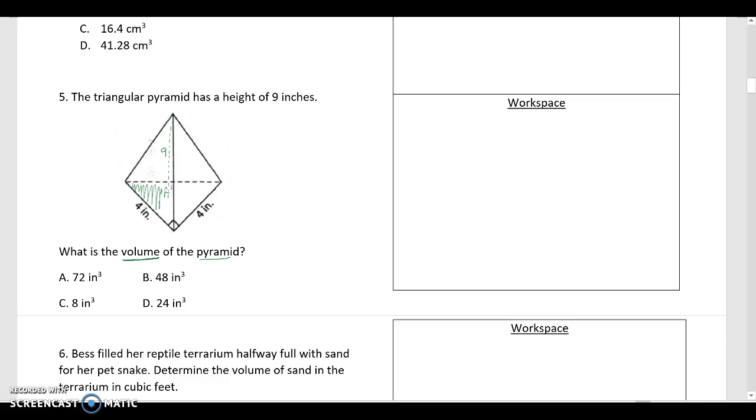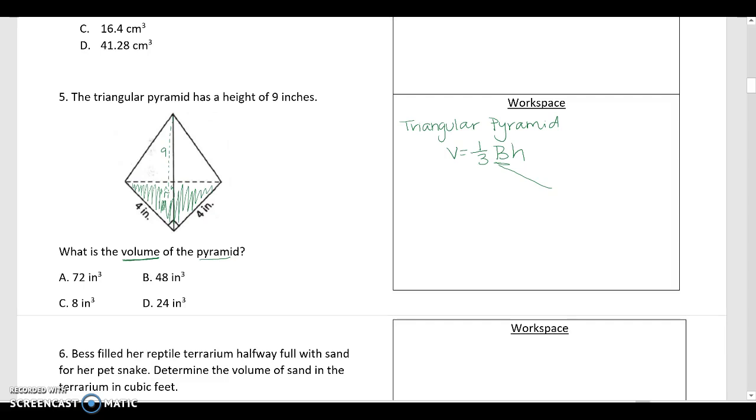I shaded in a triangle. So this is a triangular pyramid. Since it's a pyramid, I'm going to do volume equals 1/3 big B times height. And again, I'm always going to take my big B and do it off to the side.